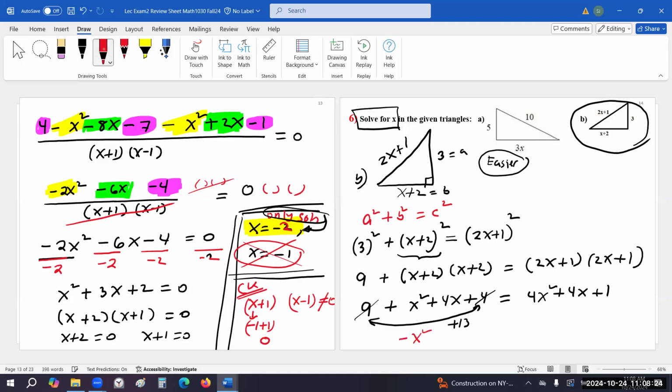So we subtract x squared, we subtract 4x, and we subtract the 13.